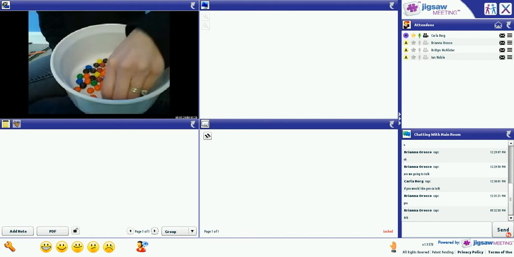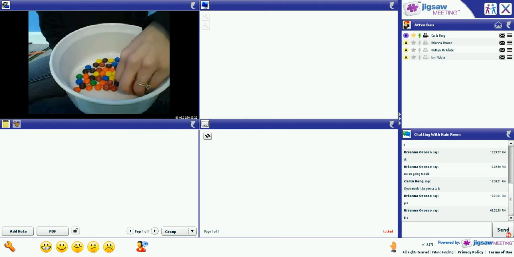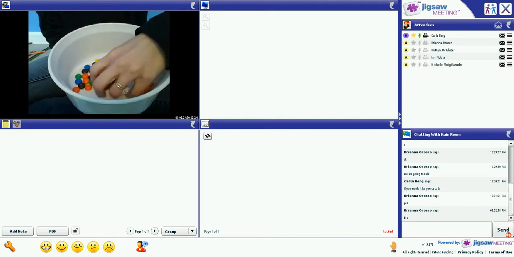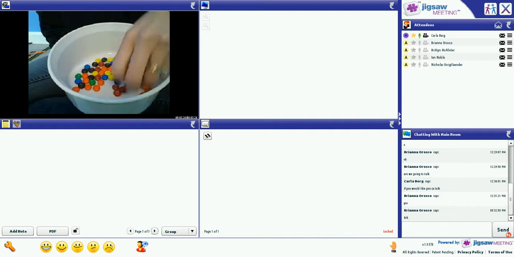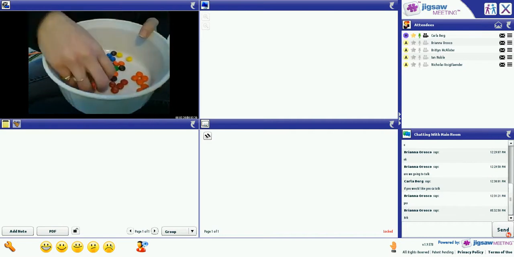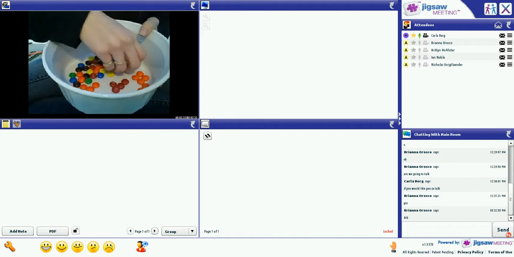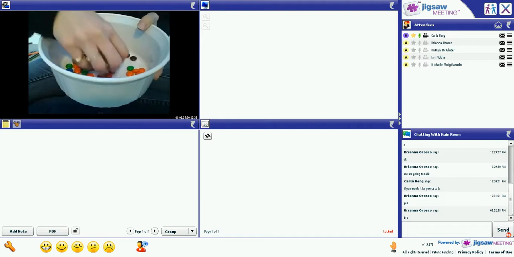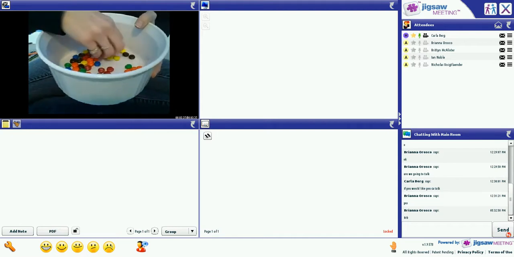And then you are going to separate the M&Ms into different colors. All the oranges together, the greens together, the yellows together.